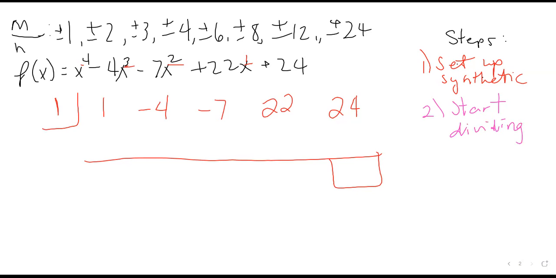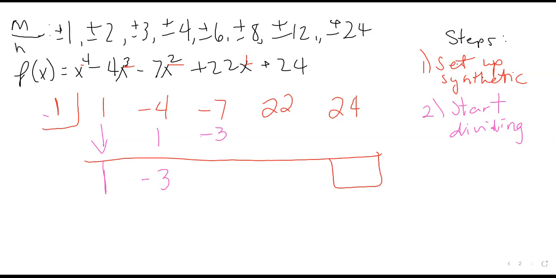So start dividing. All right, I bring down my first term. Now 1 times 1 is? 1. So now -4 plus 1? -3. -3 times 1? -3. -7 minus 3? So this is the same as saying 7 plus 3, but I keep my negative signs.